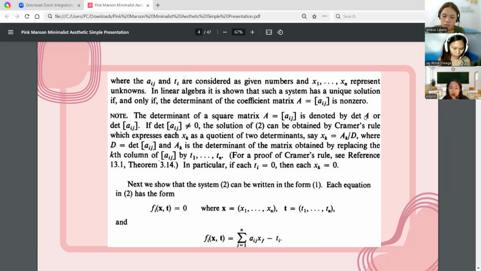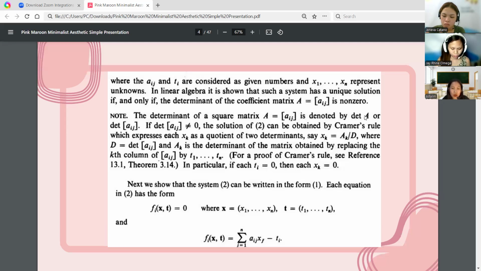For a proof of Cramer's rule, see reference 13.1, theorem 3.14. In particular, if each t_i is equal to 0, then each x_k is equal to 0.